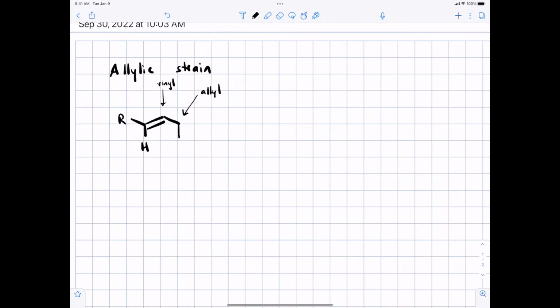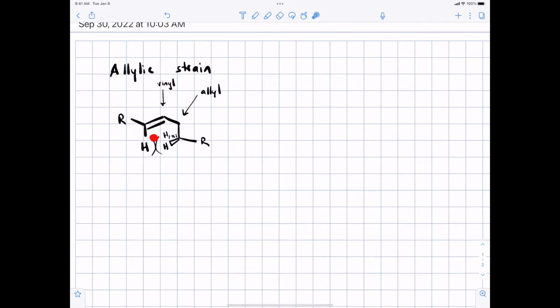If it's something other than hydrogen, the following thing can happen. So suppose you've got this hydrocarbon chain, and you've got some non-hydrogen substituent attached to the allyl carbon. You now have an opportunity for those two groups to bump into each other.